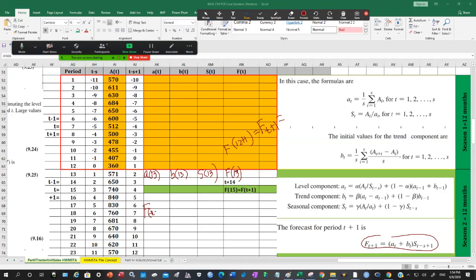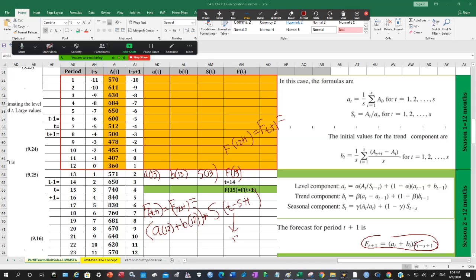So f of t plus 1, which is f of 12 plus 1, equals the level at period 12 plus the trend component in period 12, times S with the subscript t minus s plus 1.